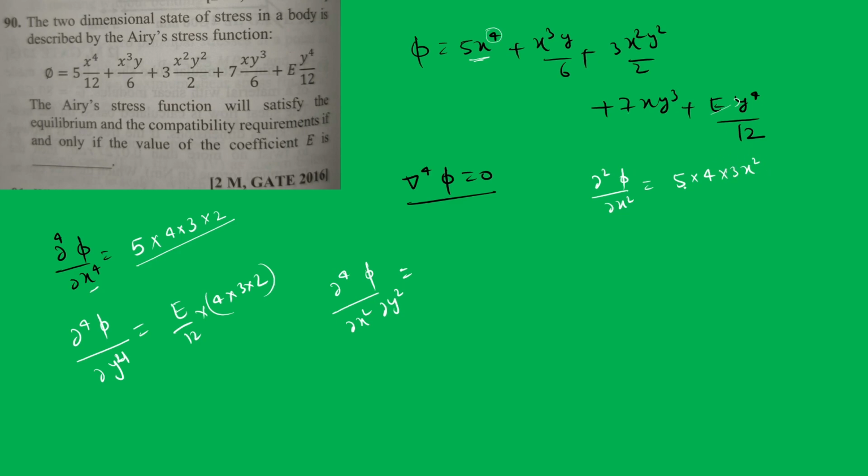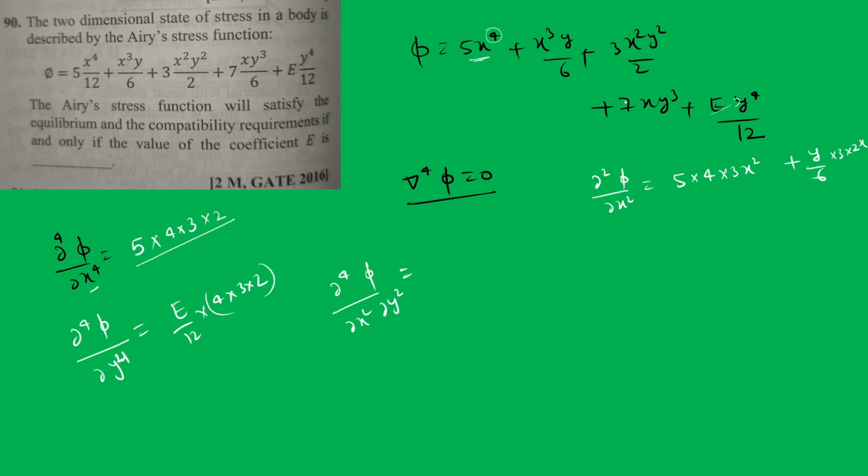Okay, 5 into 4 into 3x square, because the first time it will give 4, then the second time it will give 3, and the power will remain 2. Plus, this is y by 6, because we are differentiating with respect to x. The first time it will give 3, and then the second time 2, and then it will remain as x.